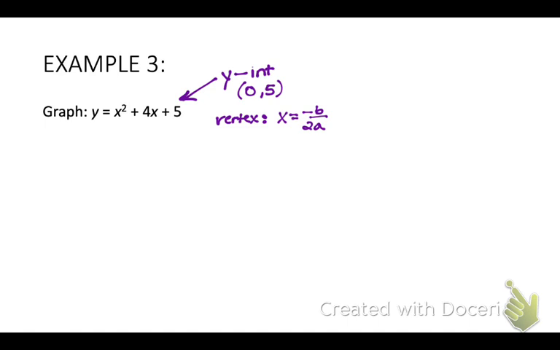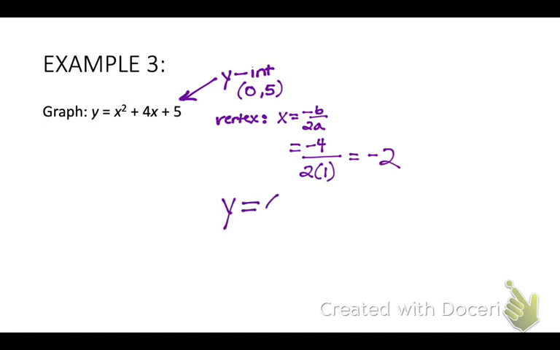So to find my vertex, I'm going to plug in my b, which in this case is 4. So negative 4 all over 2 times my a, which is 1. So the abscissa of my vertex is -2. How do I find the ordinate? Plug it in.